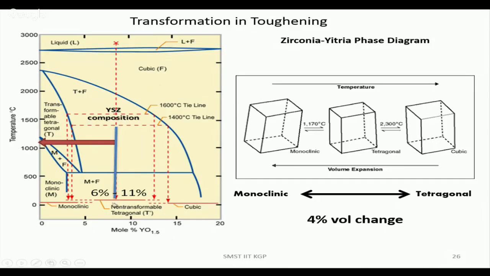Along with that, you can get some percentage of monoclinic as well as tetragonal, and eventually it gives you a mixed phase, and this mixed phase has different types of toughening mechanism for imparting resistance to crack propagation. So that is what is required.